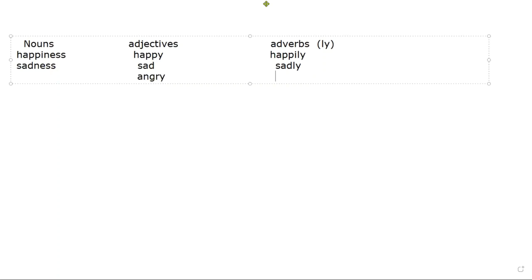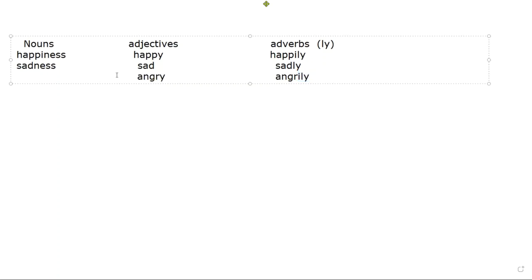Which one? Right, angrily. Don't be afraid to mention it. Angrily. Okay, there it is, angrily. Why? Because adjectives ending in Y, you will change it for an ILY. Now angry is my adjective, angrily is the adverb.